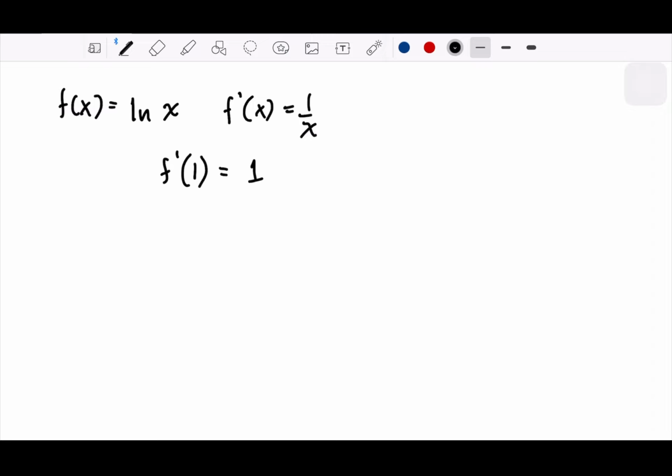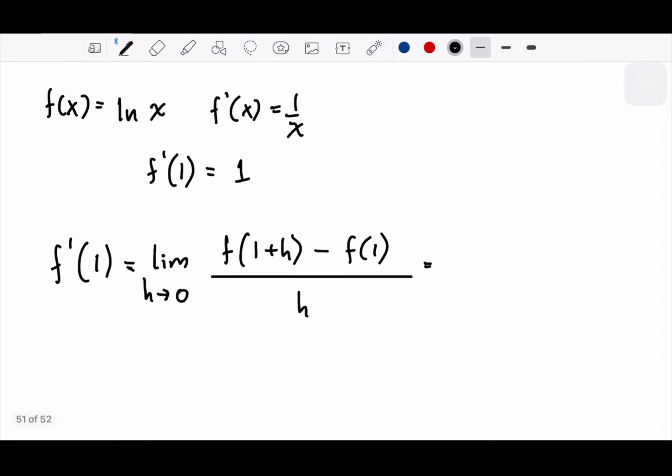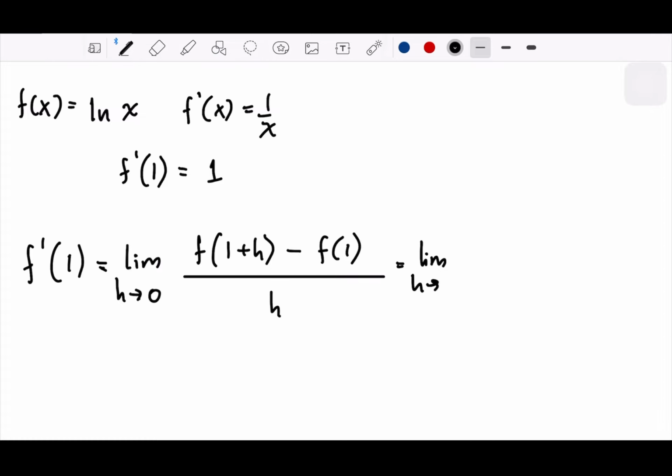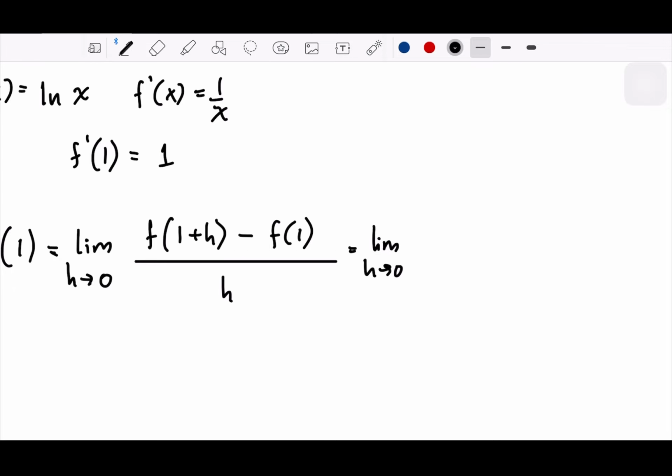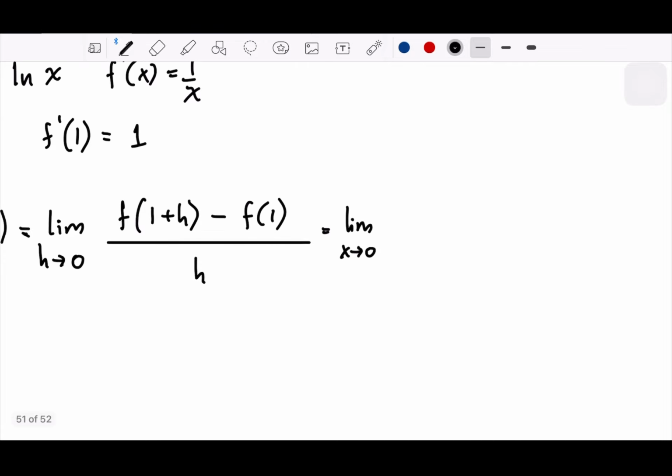So if we try to take the definition of the derivative by limit, now this means that all the x will change to 1. Or to make it easier to remember, all the h I will change to x. This is just to see the form later on.